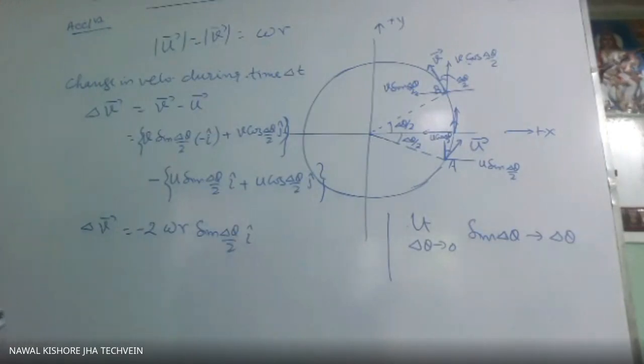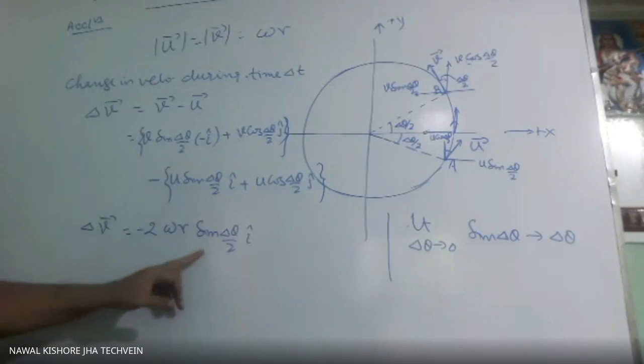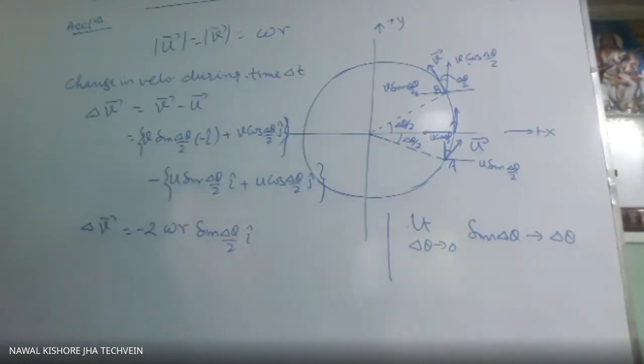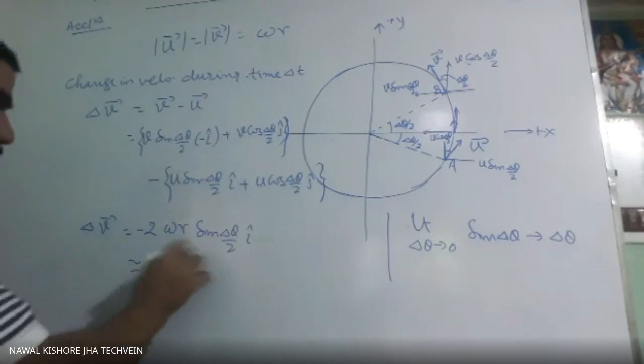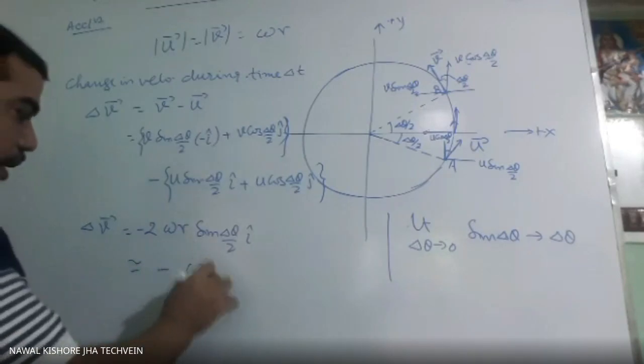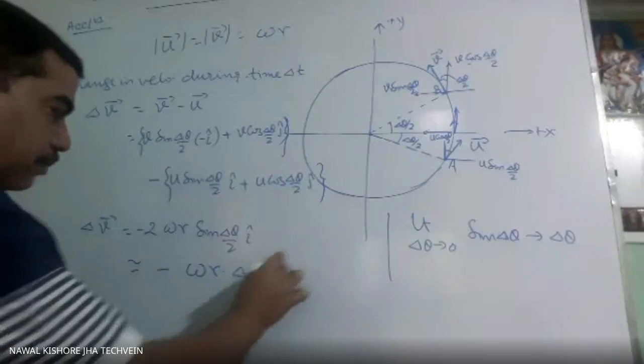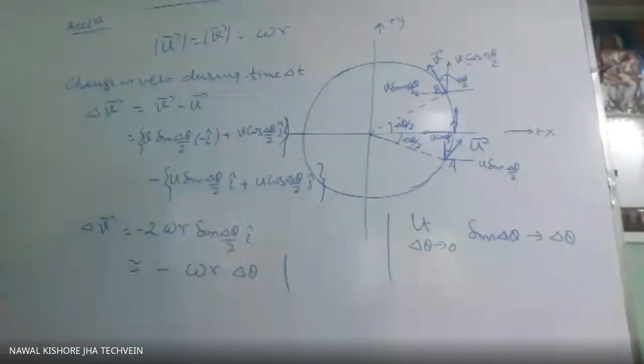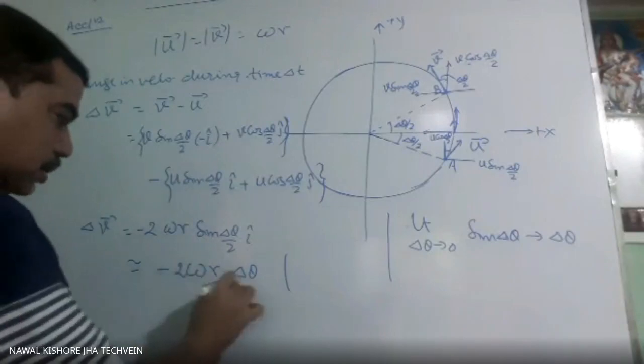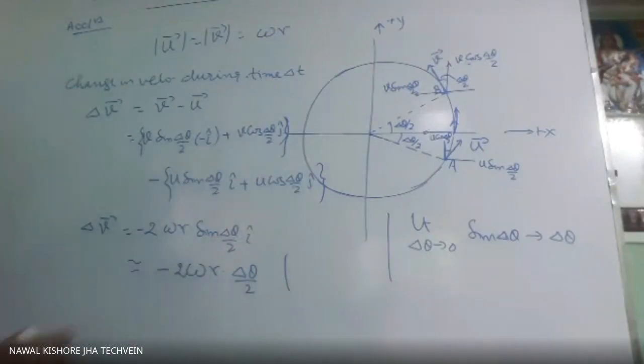So this delta v is approximately how much? Minus omega r delta theta, because sin delta theta by 2 is almost delta theta by 2. So the twice and the delta theta by 2 cancel.